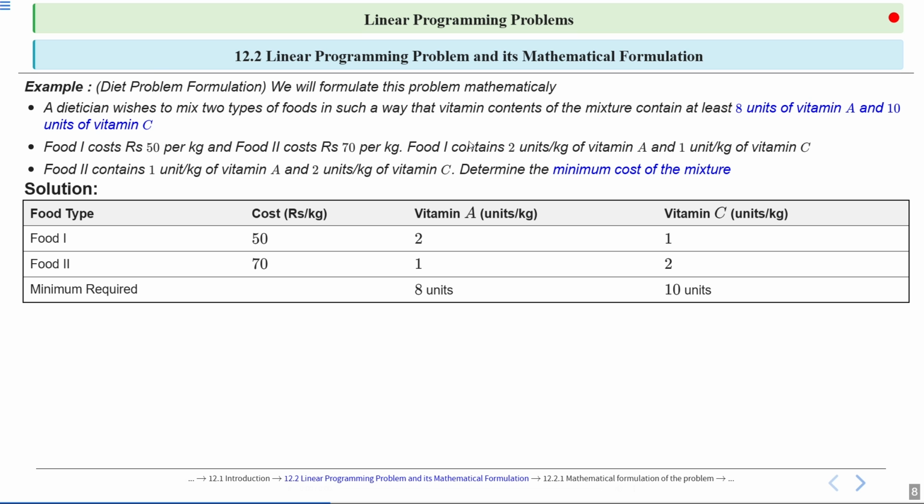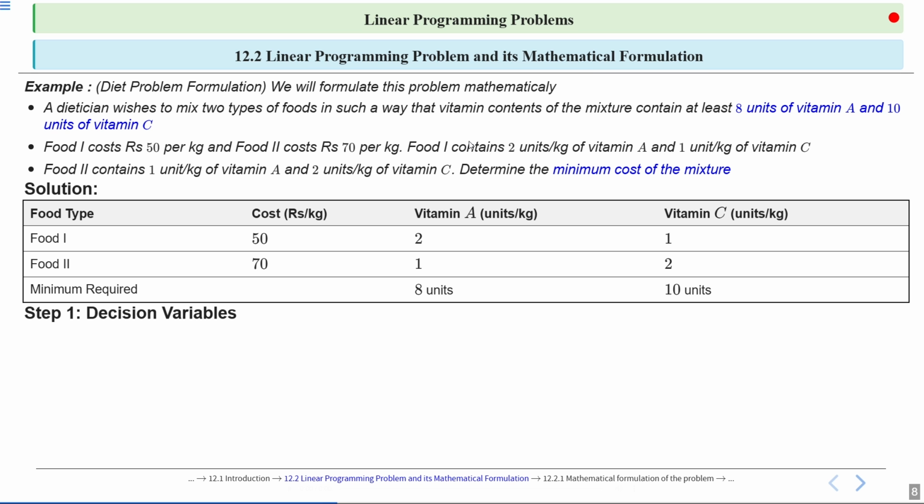Food 2 costs 70 rupees per kg and gives 1 unit of vitamin A and 2 units of vitamin C. The minimum required shows that at least 8 units of vitamin A and 10 units of vitamin C are needed.